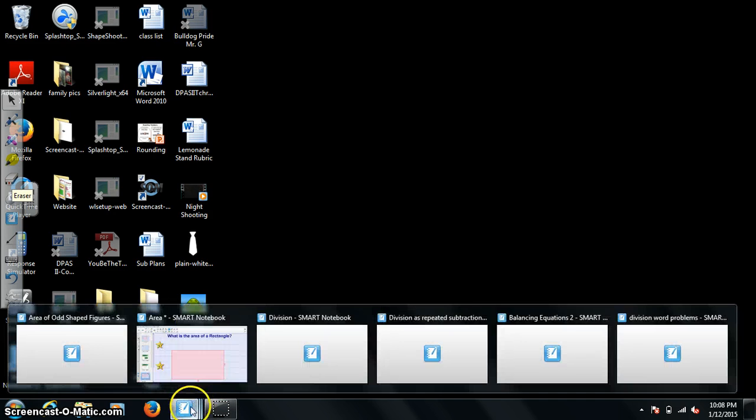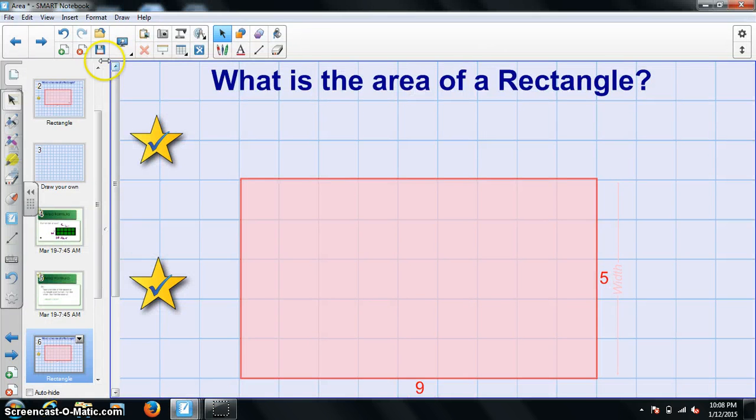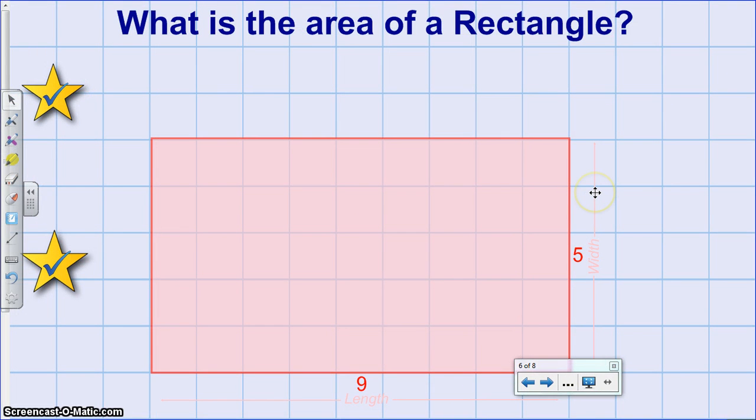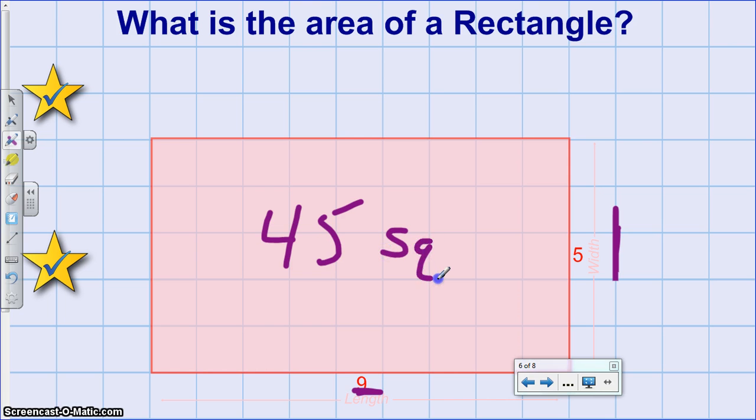But what we can do is we can take the length to find the area. So the length is down here, it's 9. Here's my length. And I can multiply it by my width, which goes this way. 9 times 5 is 45. And we'll call it square feet this time. So this is 45 square feet.